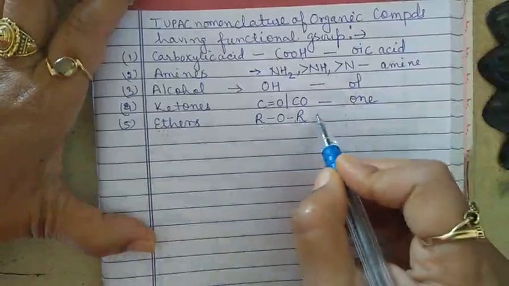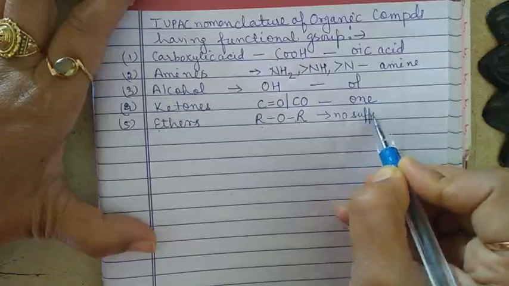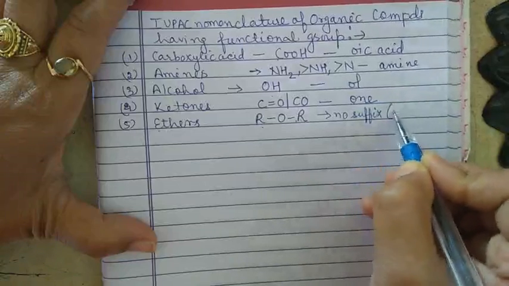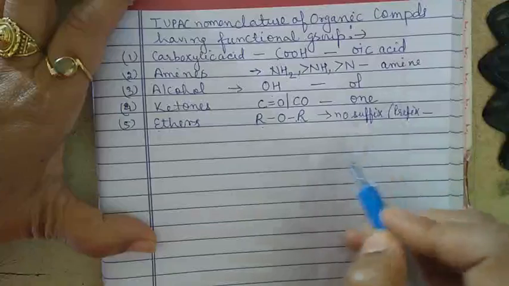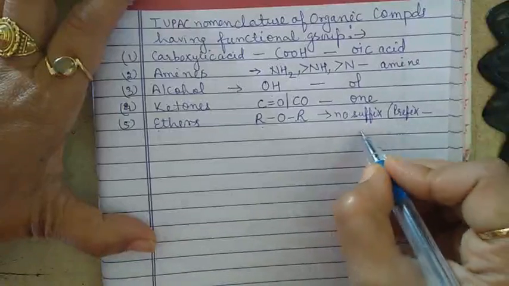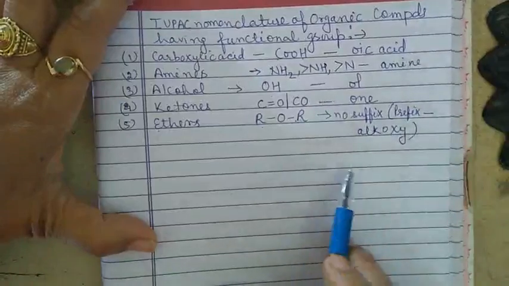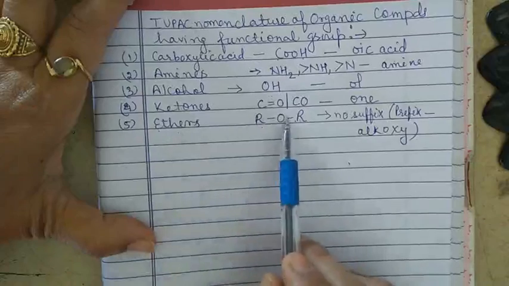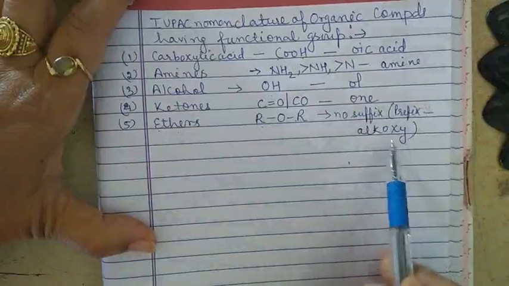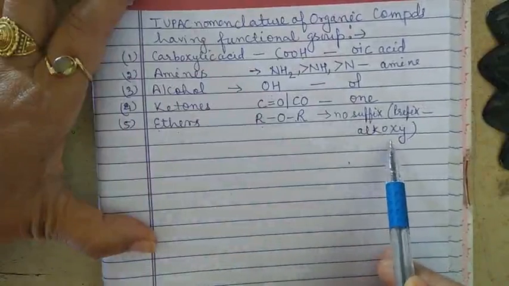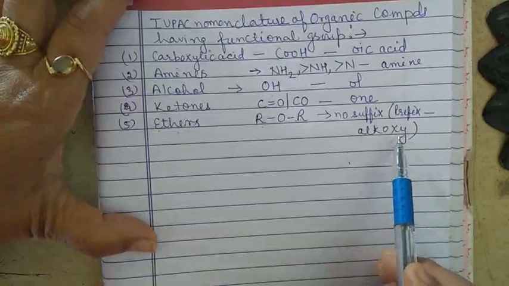For ether no suffix is used. We use a prefix for the ether, and that is known as alkoxy. Only the prefix alkoxy has to be used.